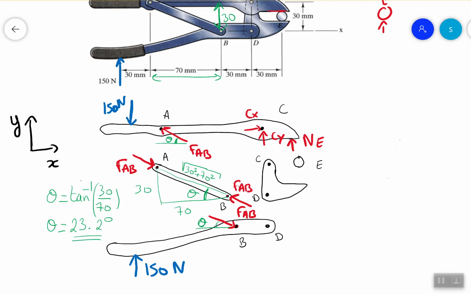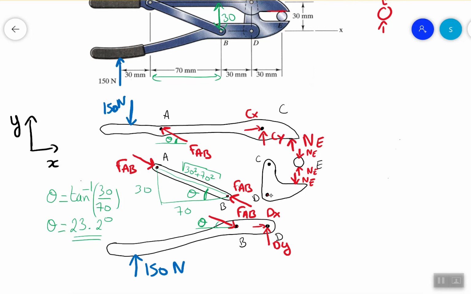We found 23.2. Okay. At D, we have two unknowns, Dy and Dx. I just put them in the positive direction on the x and y. And now, let's look at this little cylinder. We are pushing on this cylinder on both sides with the same magnitude. So it means that here, on the lower blade, we also have an NE.